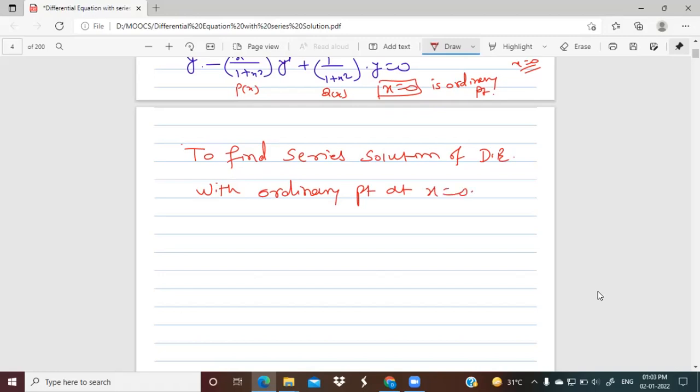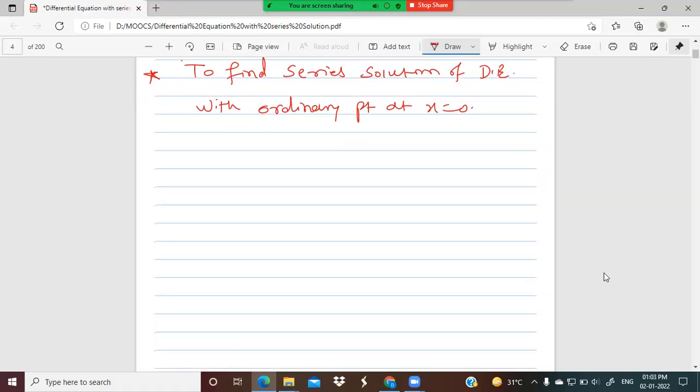If x equal to 0 is the ordinary point, then we will try to find a series solution. Now, how will we find the series solution? You can take any equation, but x equal to 0 should be ordinary. Now, it's clear that ordinary point means p of x is not equal to infinity.